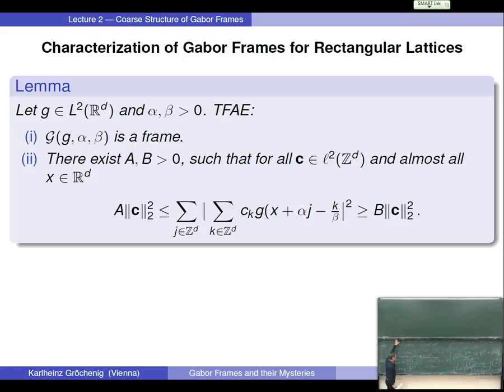This statement here was found by Janssen and Ron and Shen, and you may want to look at the original publications. I find it much easier to take the duality theorem as the fundamental theorem and derive all the other characterizations from it. I think that's, for the theory, the most important characterization. I don't say it's the most useful one.